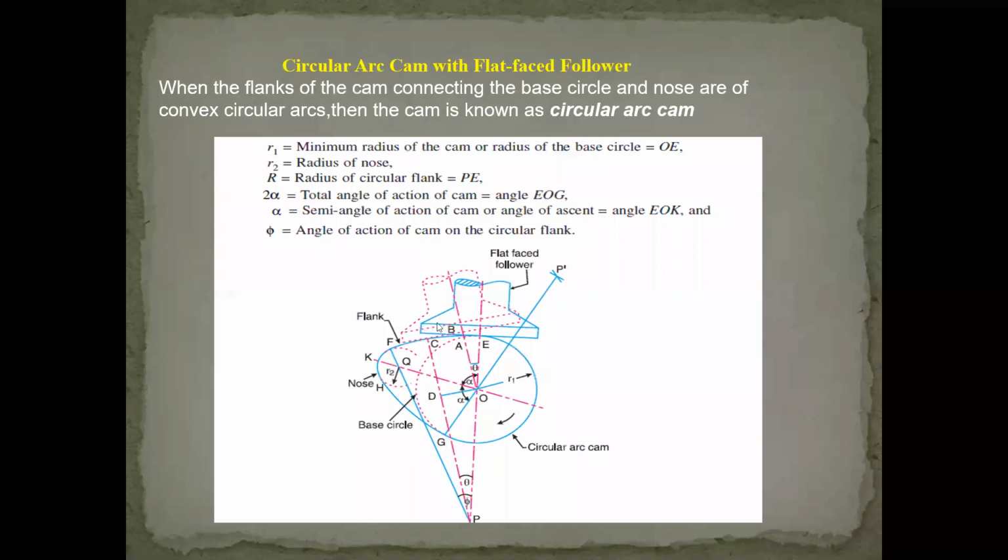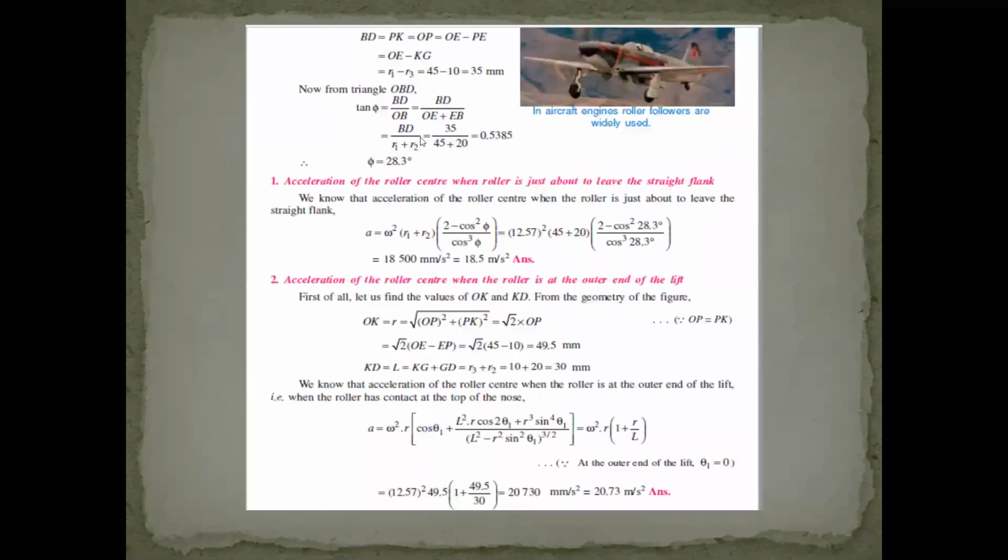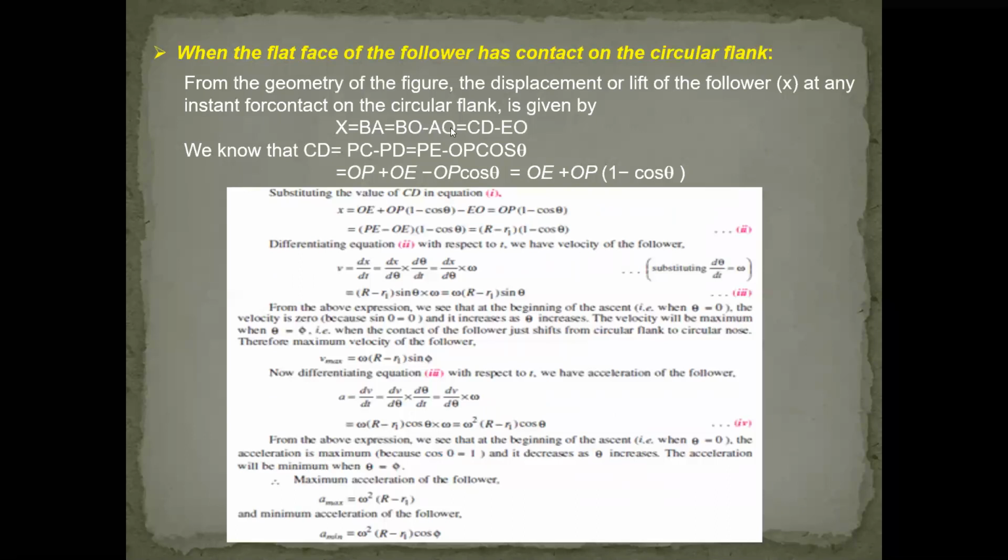The dotted lines show the follower at its next position, B. So that is our BA. That BA is also written as OB minus OA, or BO minus AO. Similarly, it can be written as CD minus EO.